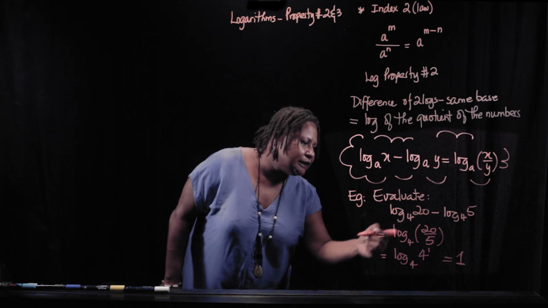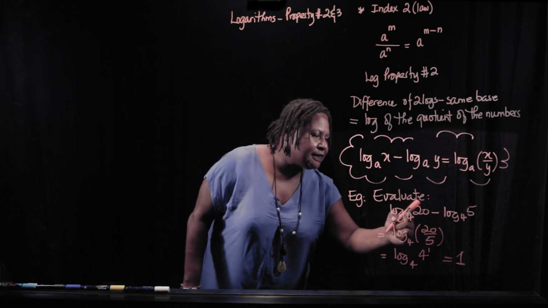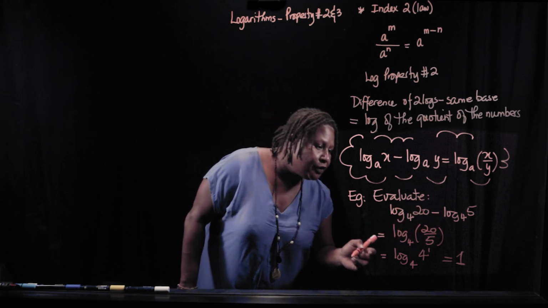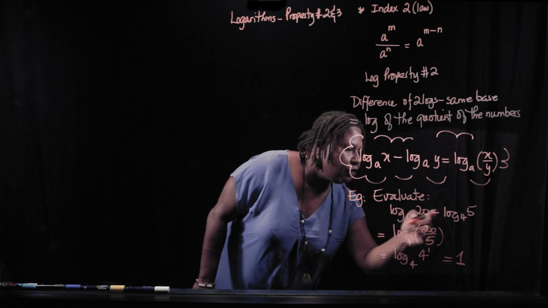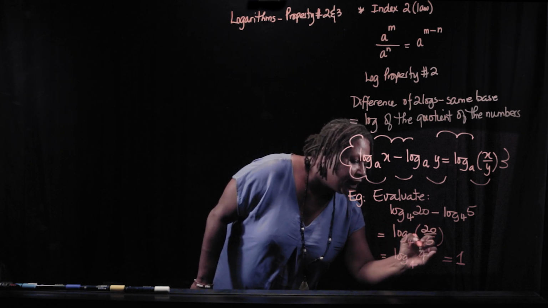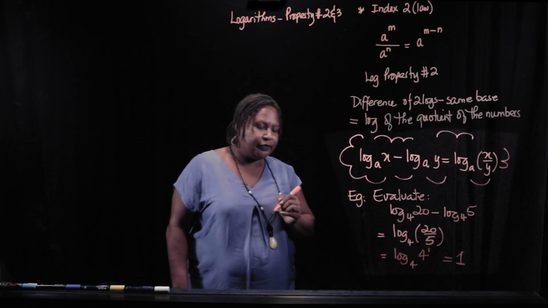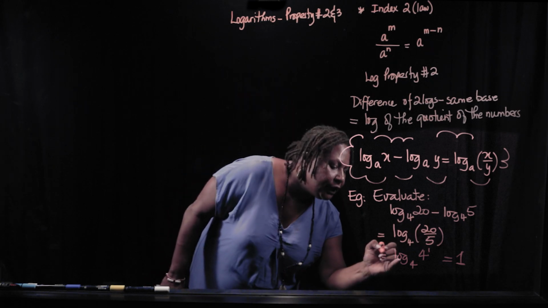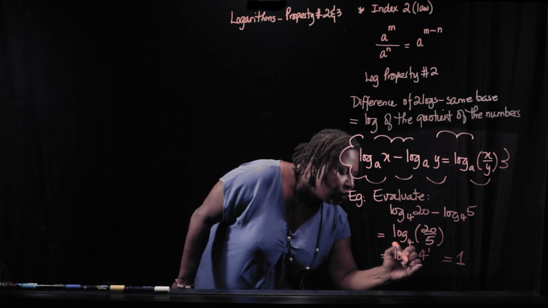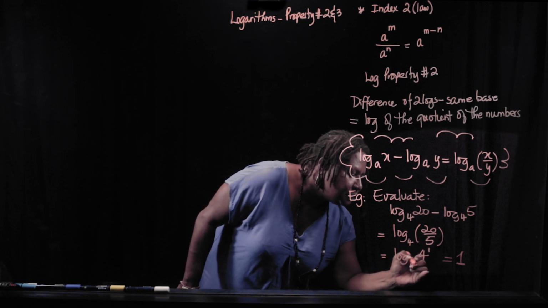Same base, subtraction of logarithms, so we are going to find log of 20 divided by 5 to base 4. 20 divided by 5 is 4, so log 4 to the power of 1 to base 4.